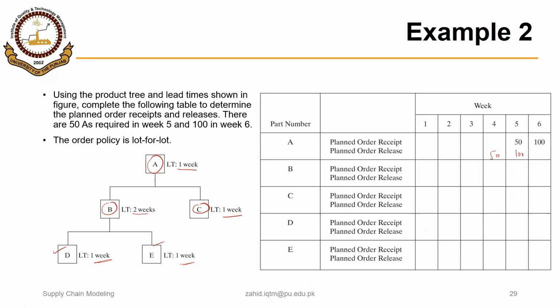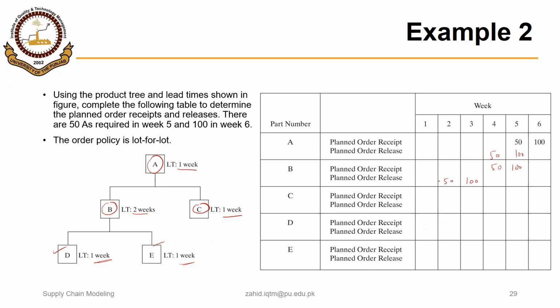Now B is the subassembly or component of A, so its gross requirements come from the planned order release of its parent, part A. These planned order releases become the gross requirements for B. We need one B to make one A, so no exploding is required. The lead time for B is 2 weeks. So in order to have 100 B at the start of week 5, we will place the order at the start of week 3, and for these 50, we will place the order at the start of week 2.